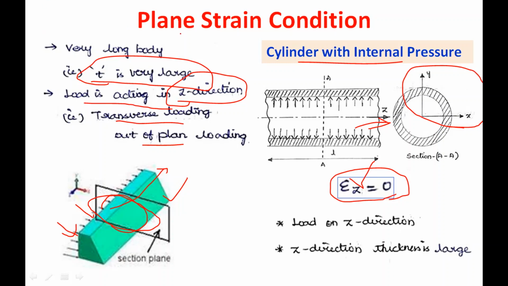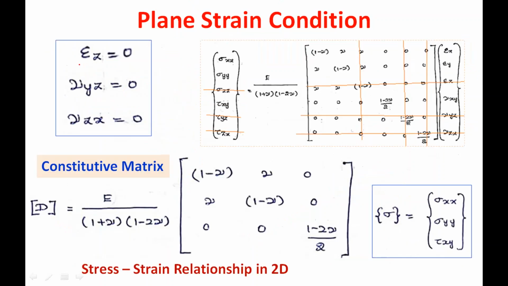What is the condition to be satisfied? For the plane strain condition, the load should act in the z direction, the thickness direction, and the thickness will be very large. If these two conditions are satisfied, then we can consider this problem as a plane strain problem. In this case, what is the stress strain relationship? Since epsilon z equal to 0, the corresponding shear strains gamma yz and gamma zx are 0.